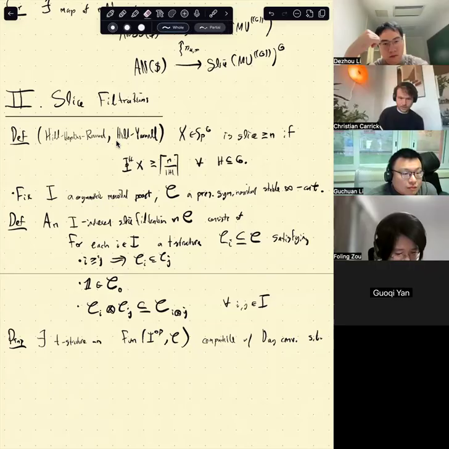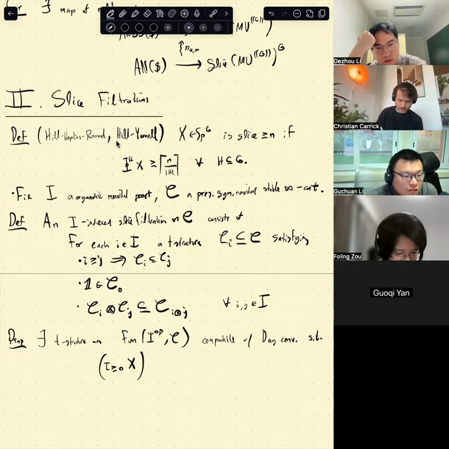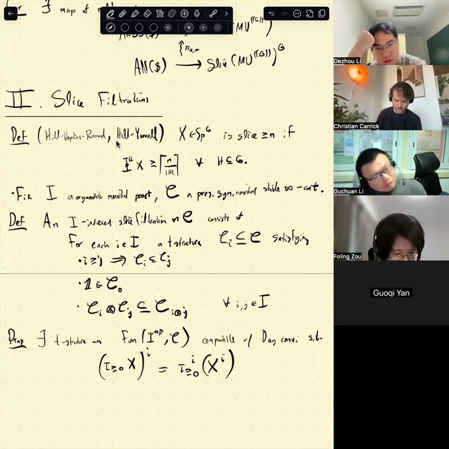It has the property that if I take the connective cover of some object in this category, so X is something in here, and I evaluate it at some little i in big I, this is just the connective cover with respect to the ith T structure of X evaluated at i.